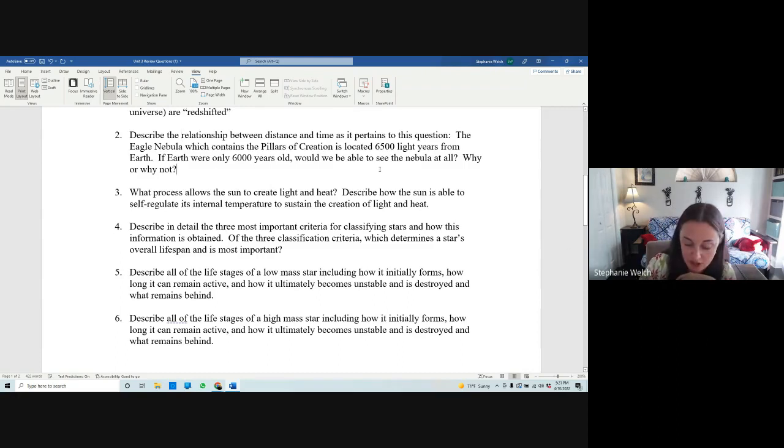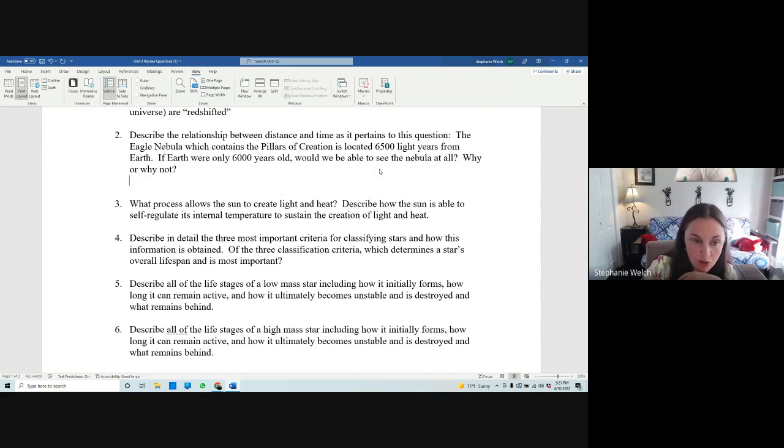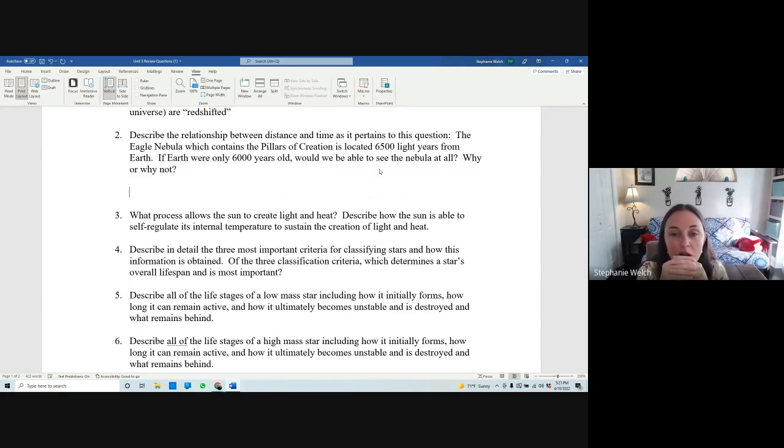Effectively, to understand this question, we need to think about it from the idea that whether Earth was here or not, light began to travel from this object 6,500 light years from Earth, 6,500 years ago.